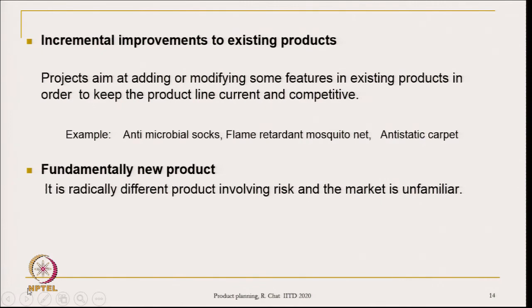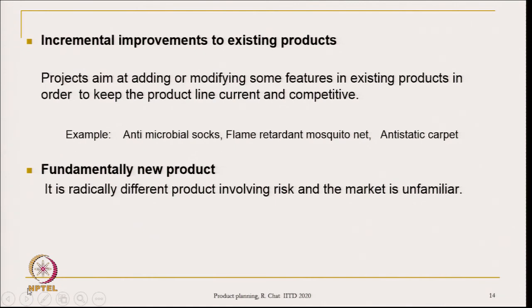Like if I have a socks making unit, I can improve the design by having antimicrobial socks. So, you can see there is a demand for antimicrobial socks, and therefore, we can think that we can start purchasing antimicrobial yarn and make socks out of it, or we can give the socks an antimicrobial treatment before they are packed. So, it could be a slight improvement in the existing design.